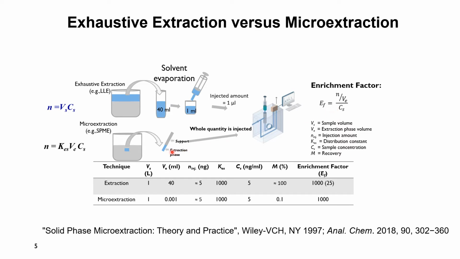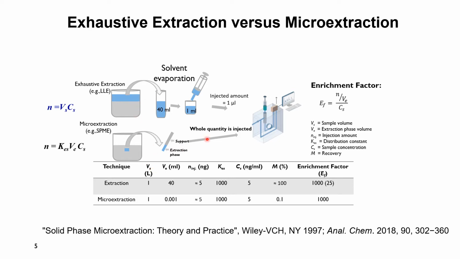because the concentrations of analytes in the extraction phase in SPME are much higher. You don't change the concentration in water by extracting 0.1% of analytes from water, while with solvent you substantially deplete the concentration in water because you reach almost exhaustive extraction. So the concentration in solvent is much less.